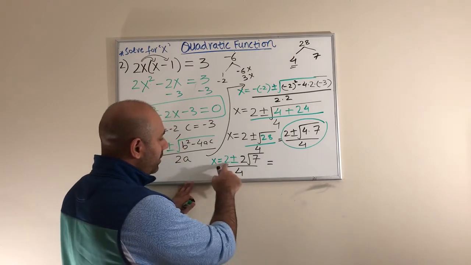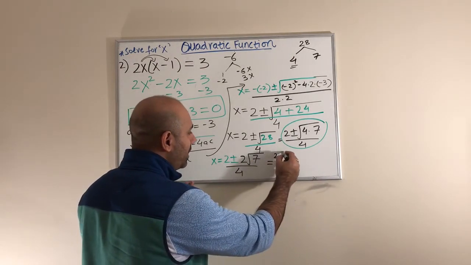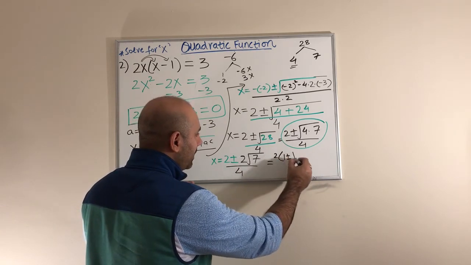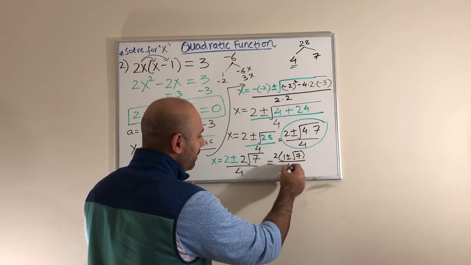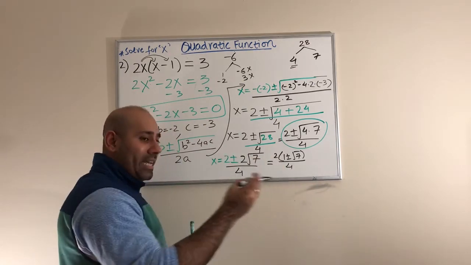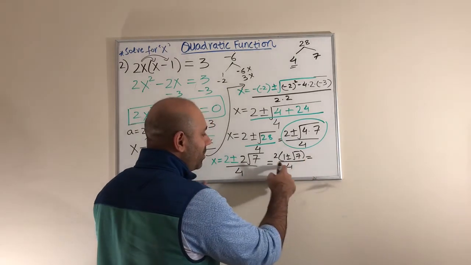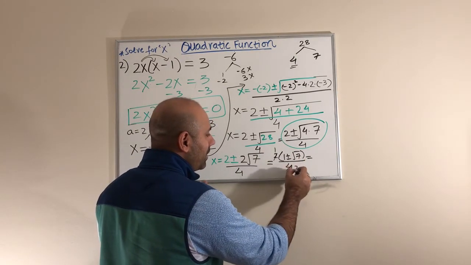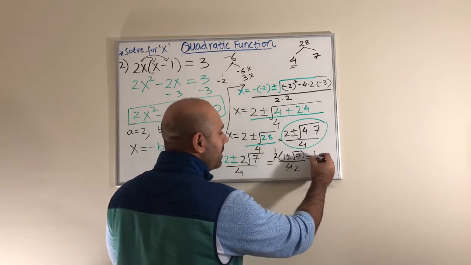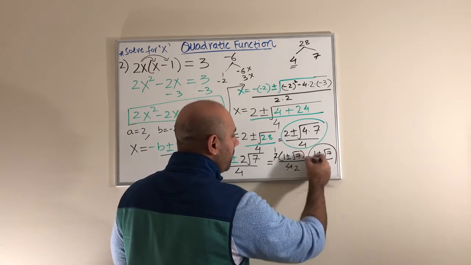Guys, we're almost done. Now this 2 and this 2 in both the terms is a common factor. You can take it out. You're left with 1 plus minus radical 7 divided by 4. Guys, I see a 2 here, I see a 2 here. That's why I was able to take it out as a greatest common factor. Once this is done, 2 and 4, it's 2 times 1, 2 times 2 is 4. So the final answer is 1 plus minus radical 7 over 2.